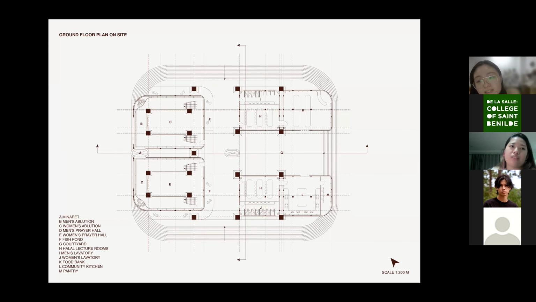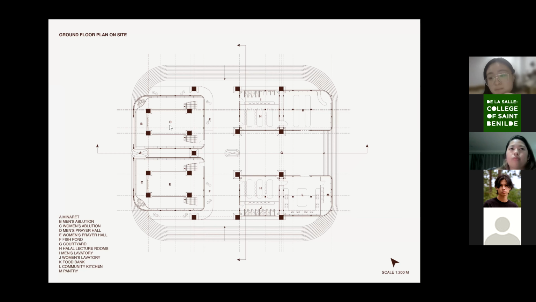Maybe we can quickly explain how we planned it based on circulating the structure. Basically, once you enter the structure, you'll be led towards the ablution area where you have to cleanse first before you enter the prayer room, which is here.